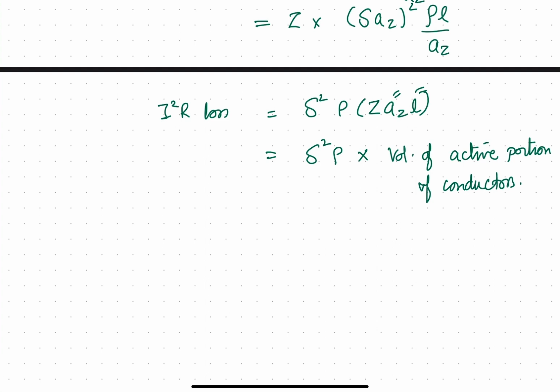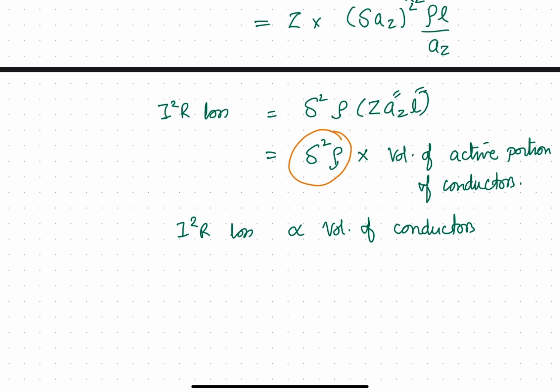So what happens in this case? The I square R loss is directly proportional to the volume of the conductors. Why? Because this term is a constant. Current density and the number of poles are constant, and the resistivity is constant. This is rho, this is rho.